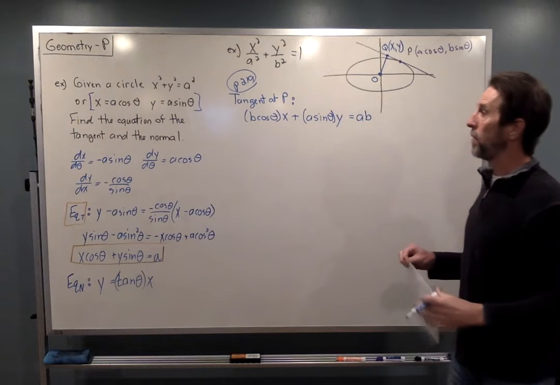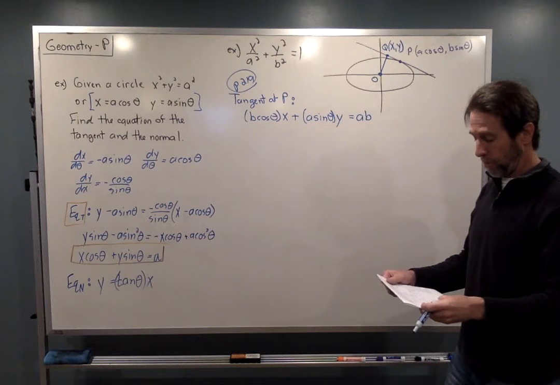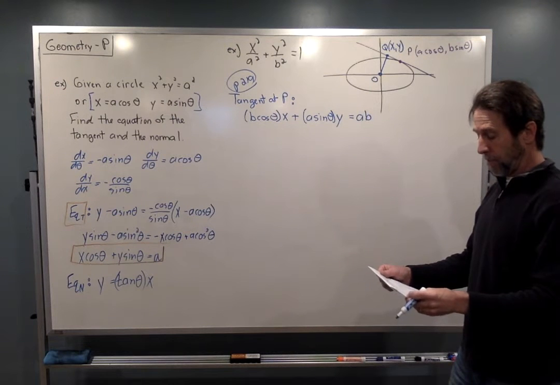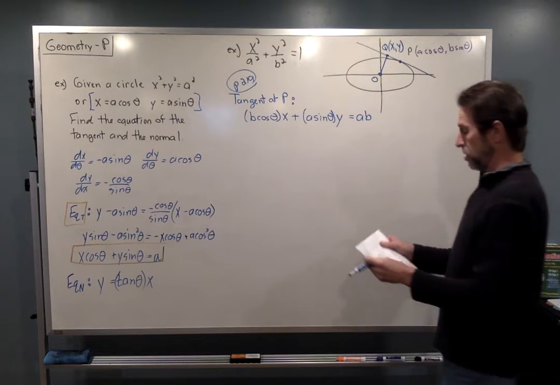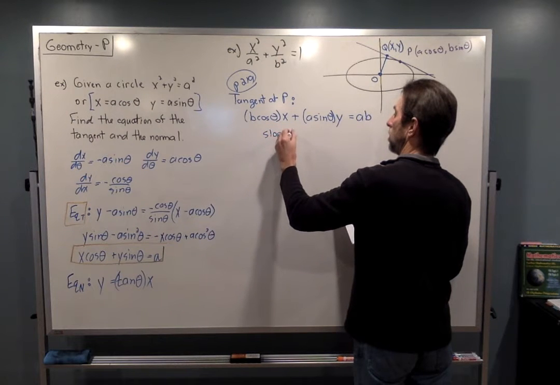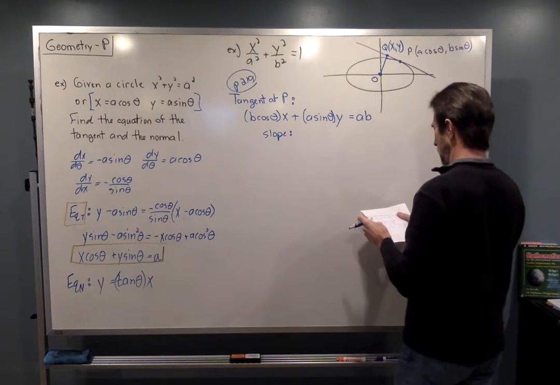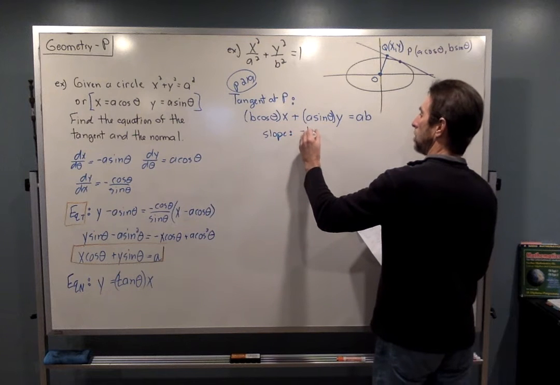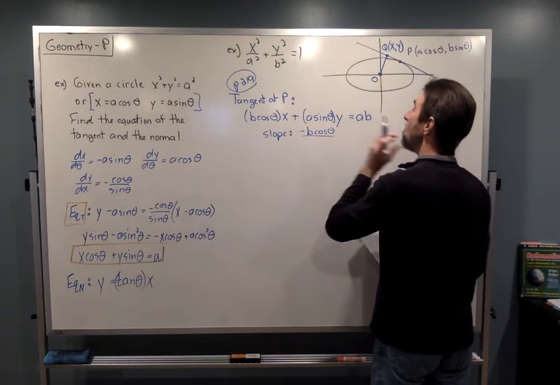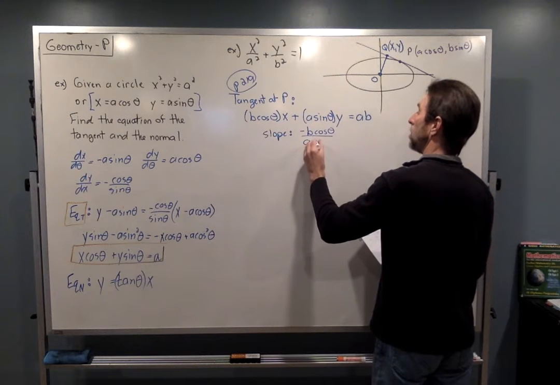And again, you could derive that, and that might even be one of the problems that you have to work on in the problem set or as an example. So now what we want to do is find the slope. The slope of this is going to end up being negative B cosine over A sine.